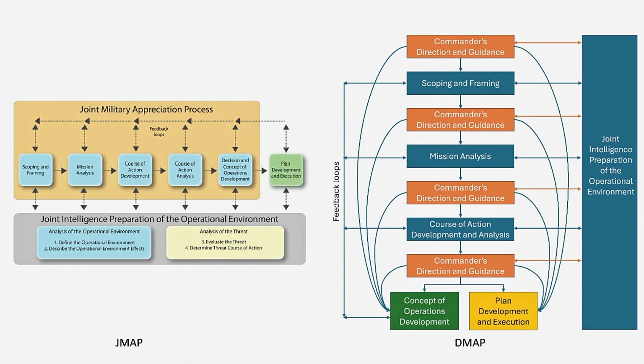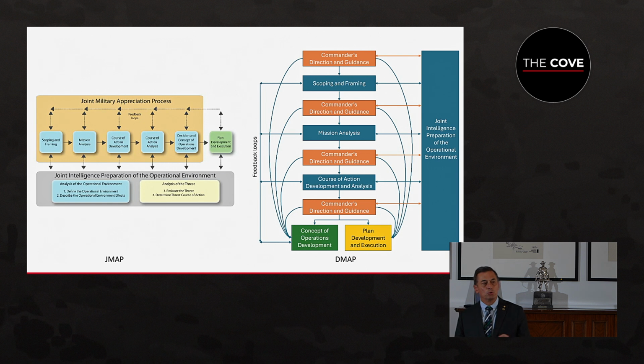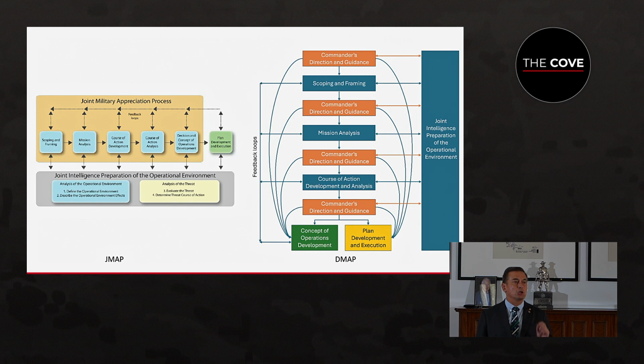Now, there is a step missing from the DMAP that used to be in the MAP. And that is the final step, which is the decision step. Now, that's not because this is designed for Canberra in order not to make a decision. The key thing here, that as a commander, you will make decisions at any time, and ideally as early as possible in the process.